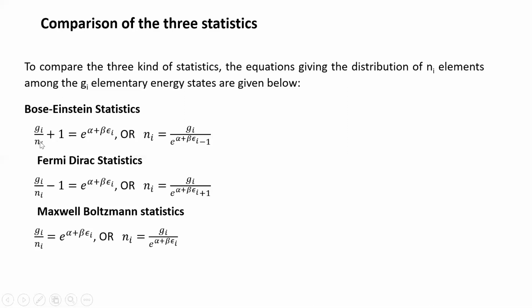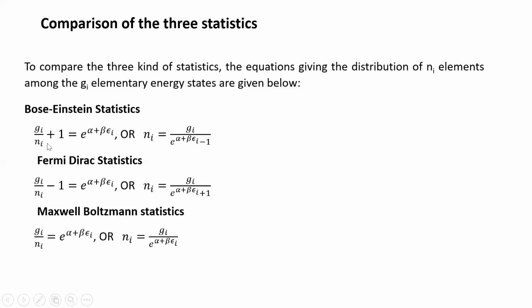So if Gi by Ni is very, very large compared to 1, we can neglect this 1. Then all three equations become identical. So that is the limiting case in which the quantum statistics and classical statistics are the same.